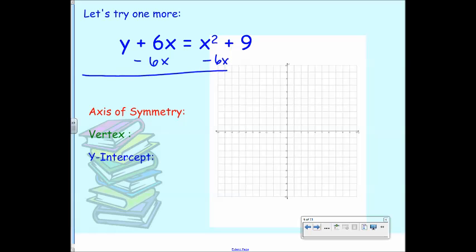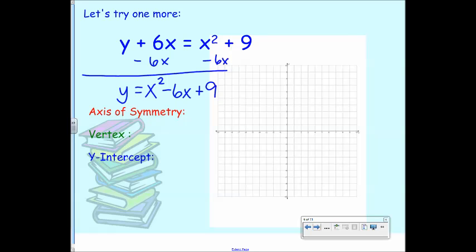No, so it just ends up being, how do I write my equation then? X squared minus 6x plus 9. How come I do it like that? I need it in ABC form, right? A always goes with the x squared, B always goes with the x, and C always goes by itself.